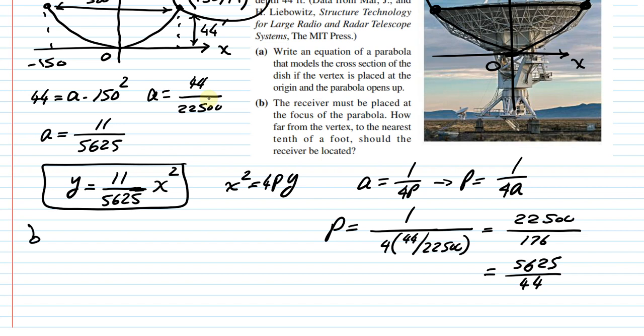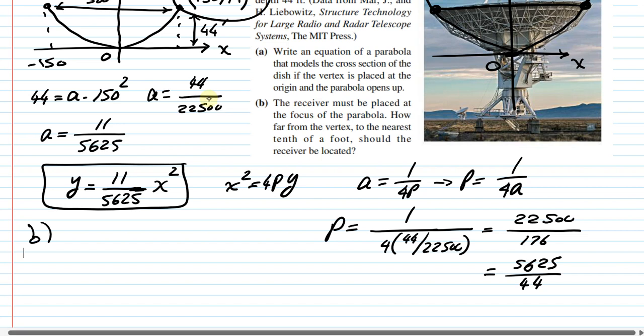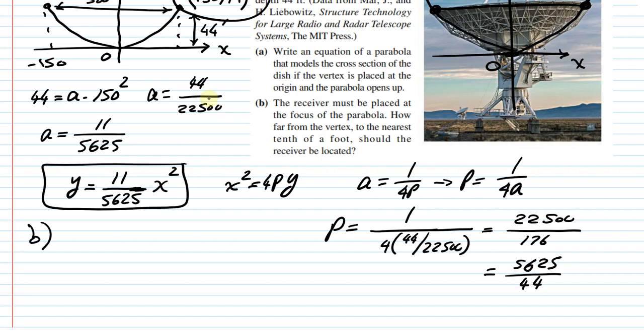In part B, the receiver must be placed at the focus of the parabola. How far from the vertex to the nearest tenth of a foot should the receiver be? So we want to know where the focus is, right? Out of this work, since we have the equation up here, if I multiply both sides by the reciprocal, I get x squared is equal to 5625 over 11 times y.